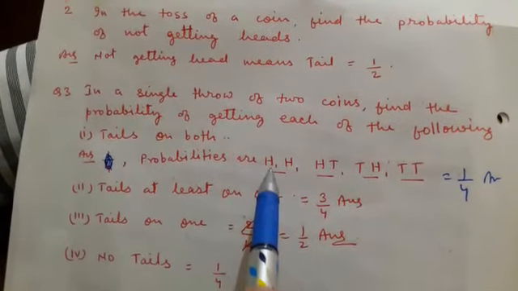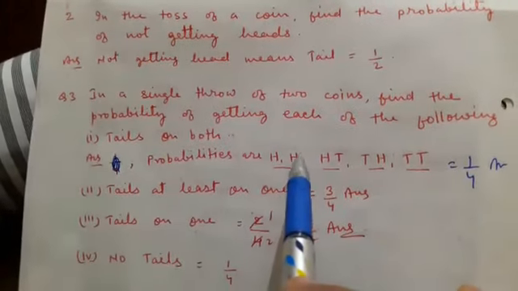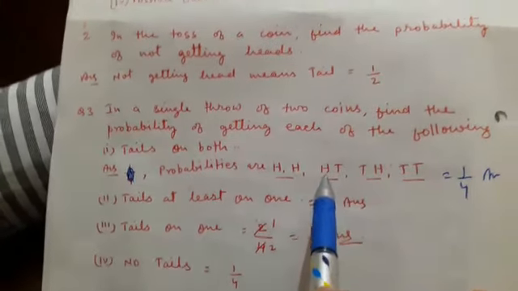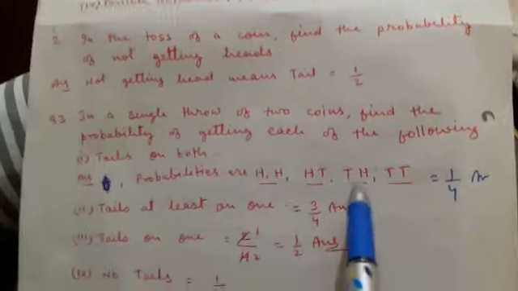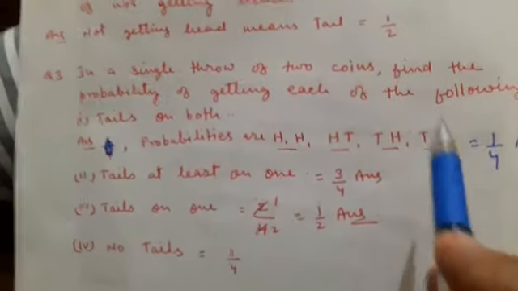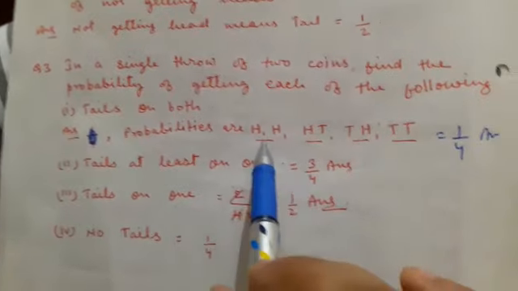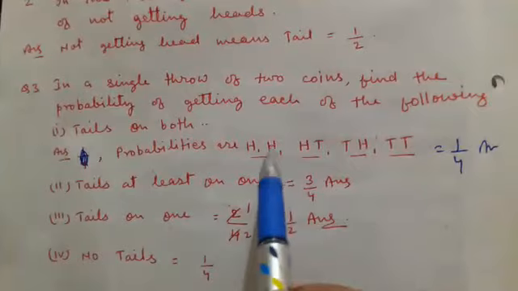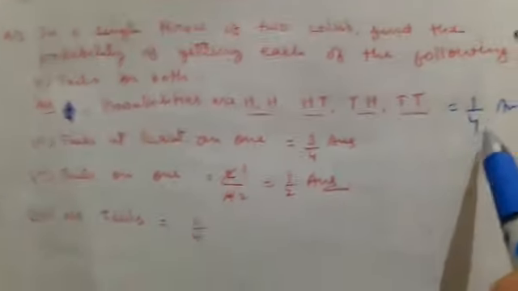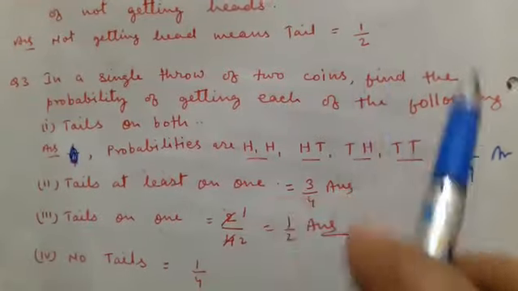Either in the first coin head will come and in the second coin head will come, or head tail will come, or tail head will come, or tail tail will come. So what is the number of favorable outcomes for tails on both coins? 1. And how many total possible outcomes? Total possible 1, 2, 3, 4.